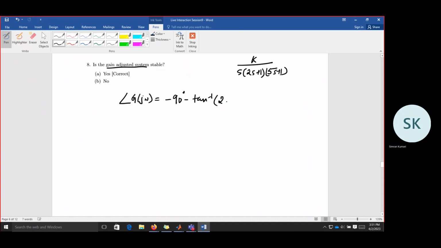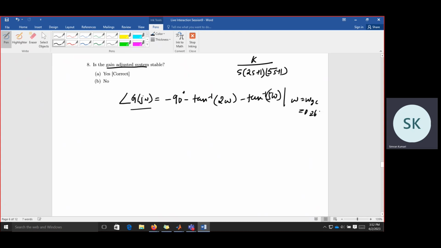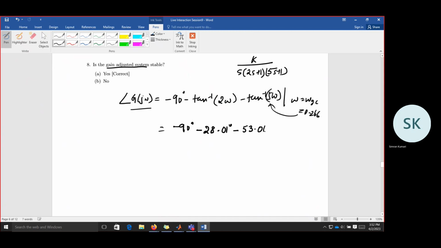Now this angle contribution should be at omega equal to omega GC, which is 0.26 as we have just found out. So we'll just add this and we'll find this will give minus 171.07 degrees. So this is the phase angle of this plant.